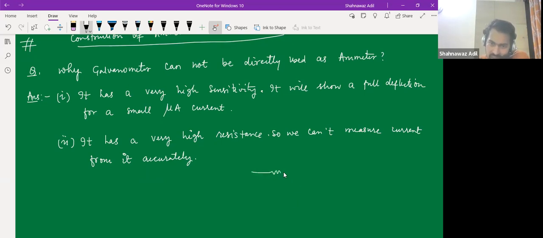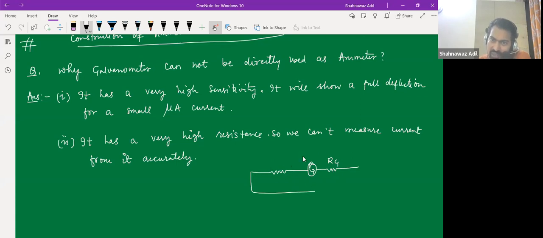Let's say this is the device in which you are measuring the current and you have connected a galvanometer, which has some very big resistance G. It will increase the overall resistance because these are in series.